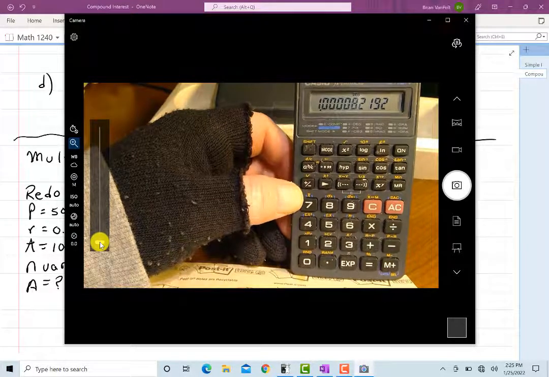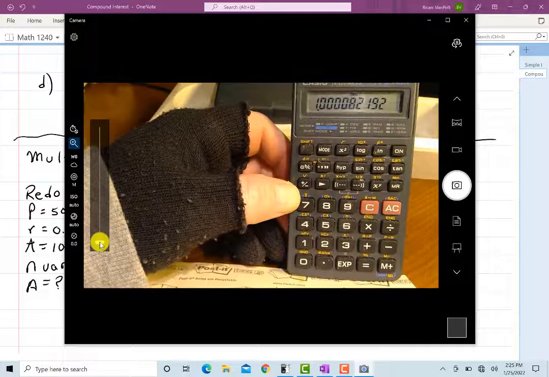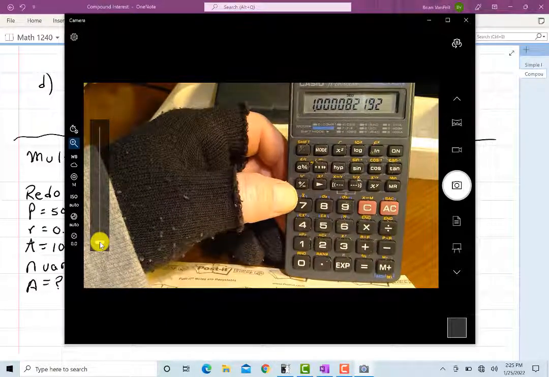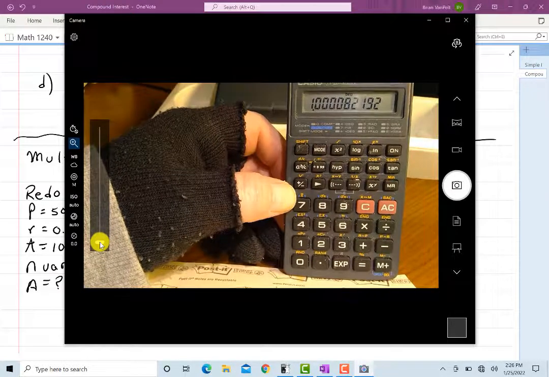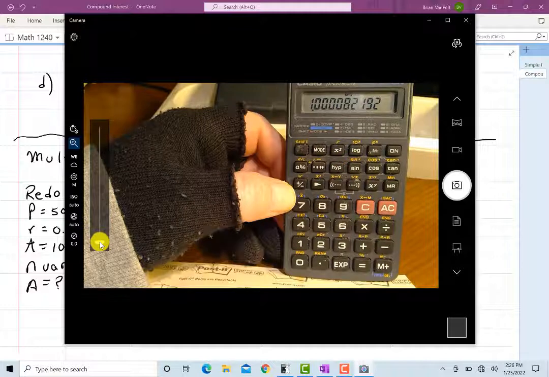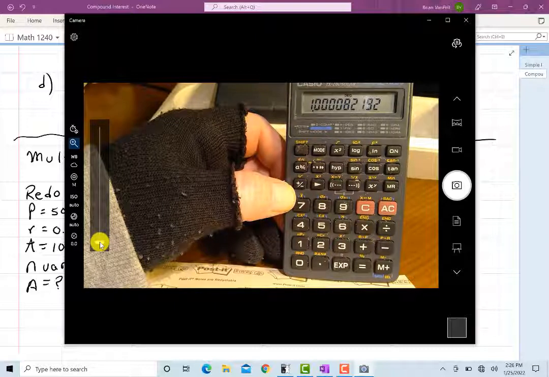That's way more decimals than you would ever carry if you were going to do the problem by any means where you simplify inside of the parentheses. Not only that, the calculator keeps extra digits inside of it that are beyond the ones you see here. So its accuracy is a lot more than what you're capable of doing. So let me again reiterate, do not simplify inside the parentheses. Let your calculator do its job.